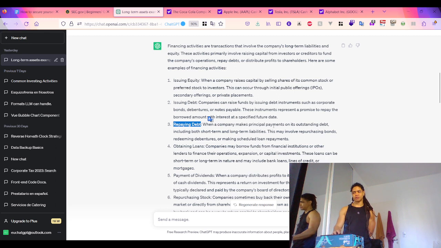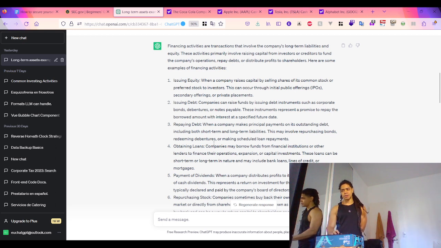When a company makes principal payments on outstanding debt, including both short-term and long-term liabilities, this may involve repurchasing bonds, redeeming debentures, or making scheduled loan repayments. This is a financial activity.